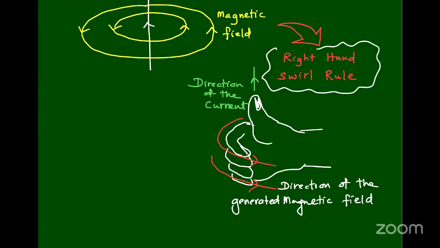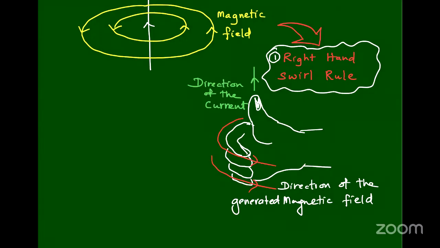So this is the most important thing. In this unit, we are using two different rules. The first rule that you are coming across is going to be the right hand swirl rule. This is just a simple one. You can place your fingers like this and try yourself.